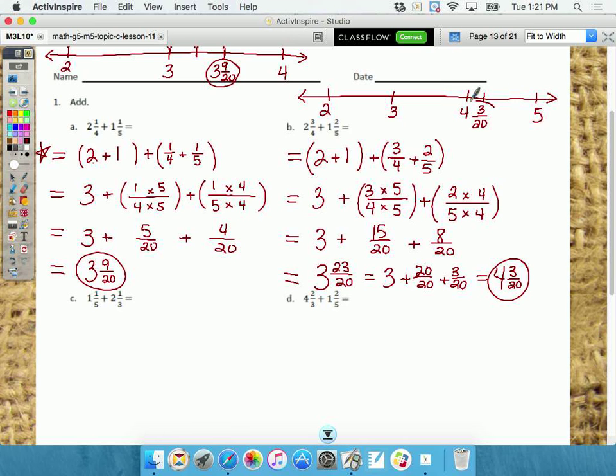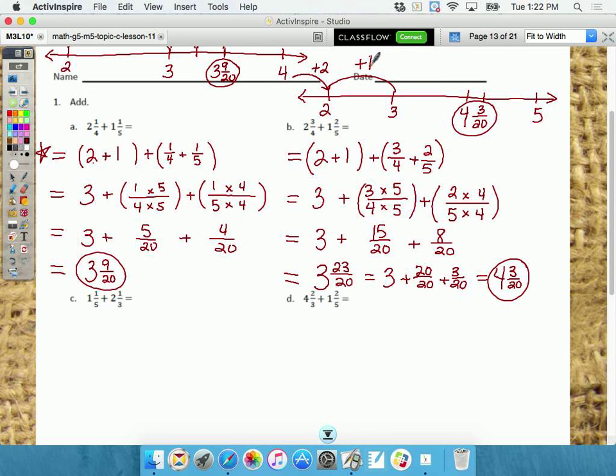Okay. And go ahead and circle it. So the first number I hop to, and you can't forget that, that's part of your 4 hops. And then hop 1 more. Now 3/4.